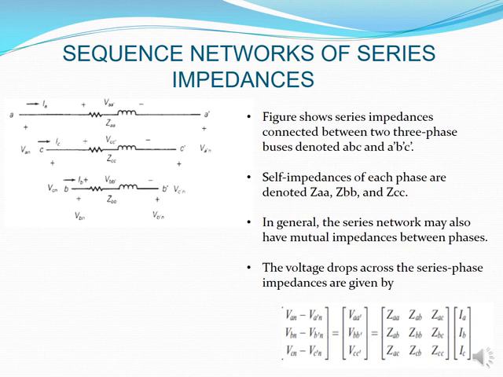My VA minus my VA apostrophe, so that's the bus 1 voltage minus the bus 2 voltage, will give me a voltage called VAA apostrophe. And that will be simply ZAA multiplied by IA plus ZAB multiplied by IB plus ZAC multiplied by IC.